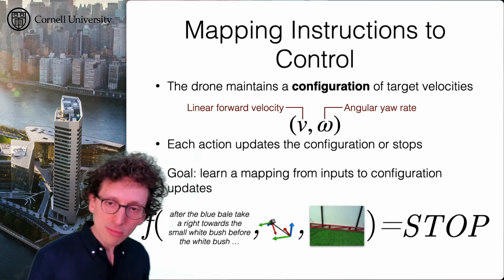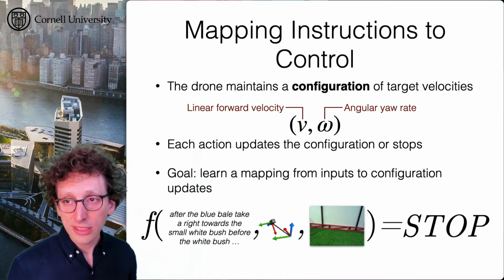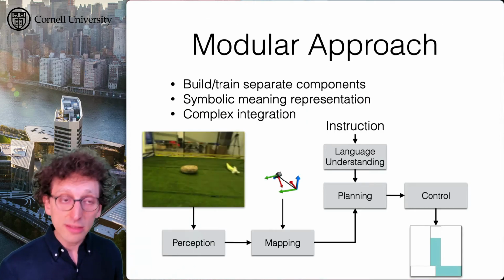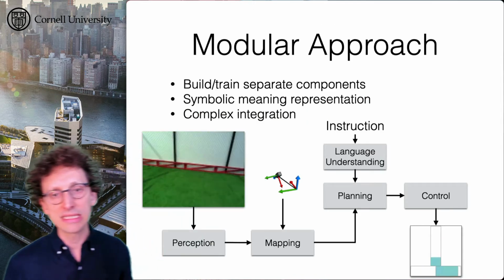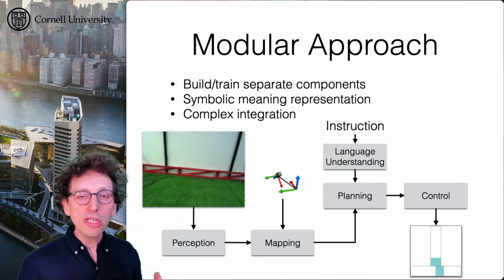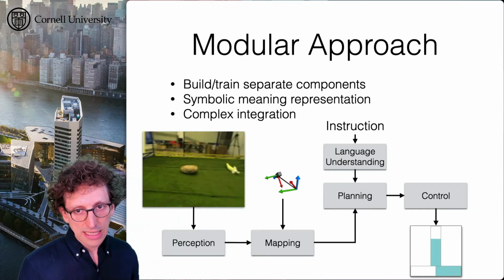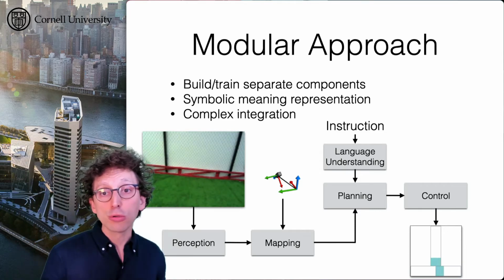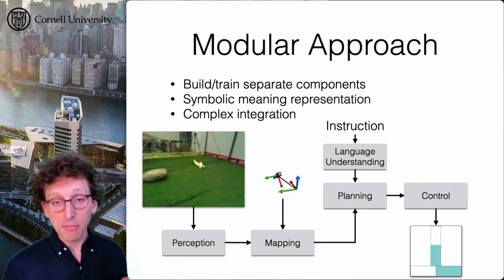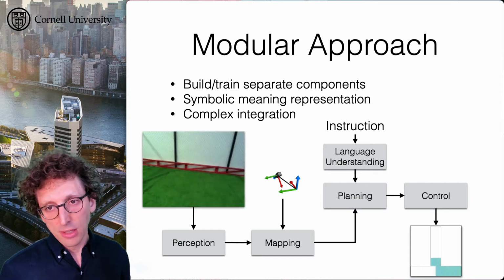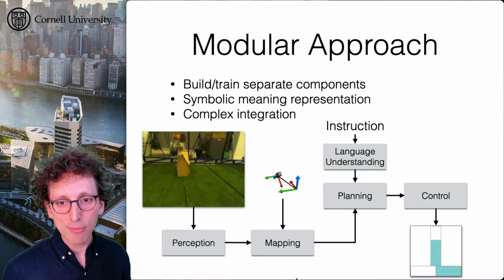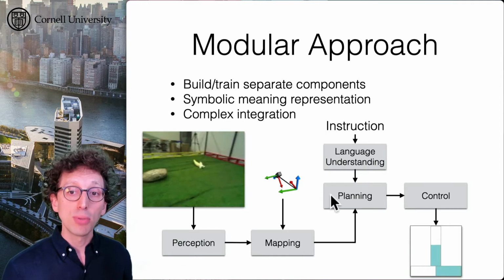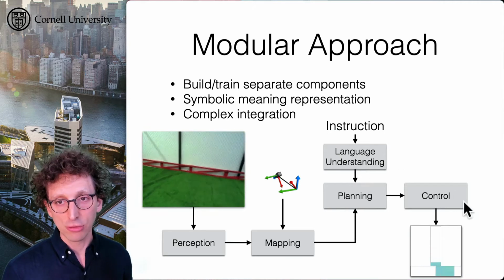So this problem of controlling the drone, even including natural language, has been studied in robotics, even if not very extensively. And usually the way it's done in robotics is by decomposing this very complex problem into separate components, which are built or trained separately. So you can think about having a component for perception, for mapping, planning, language understanding, and control.